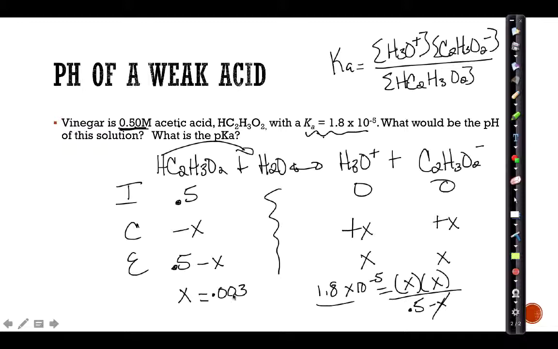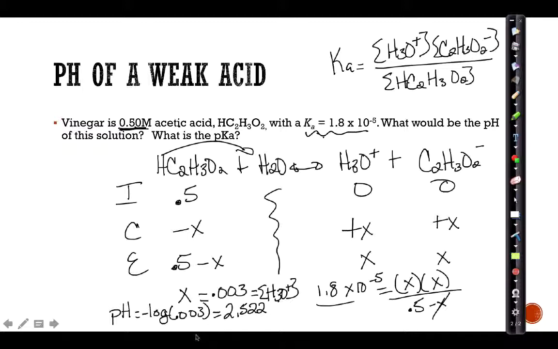All right, so now I've got X. Well, X is equal to the concentration of hydronium. Not the pH. I'm not done. I need the pH. So pH is equal to the negative log of the concentration of hydronium, which is this. So when I plug that in, I'm going to get 2.52.